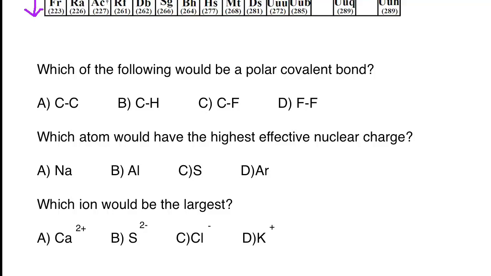And then which ion of the bunch down there would be the largest? So you have calcium 2+, sulfur 2-, chlorine -, and potassium plus. So take a minute or two, pause this video, see if you can answer these, and then we will go over the answers together. So please pause the video and we will discuss them in just a minute.